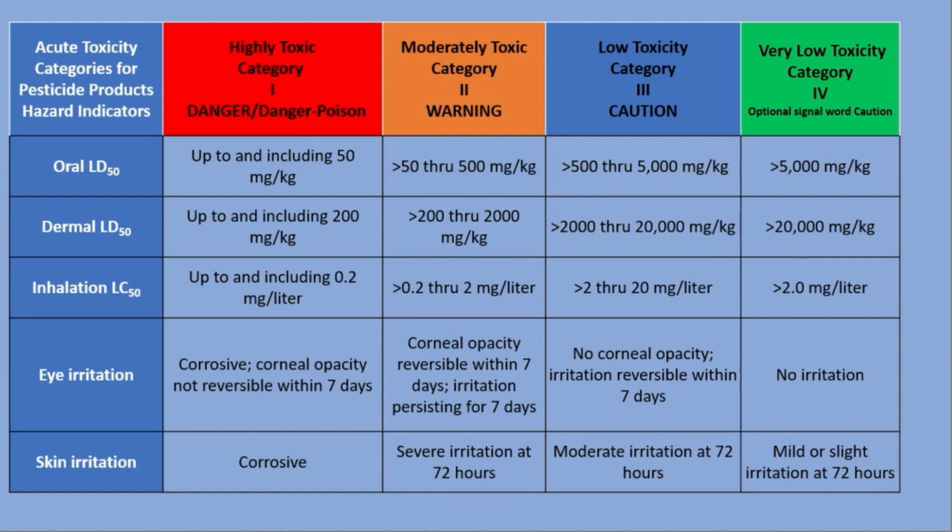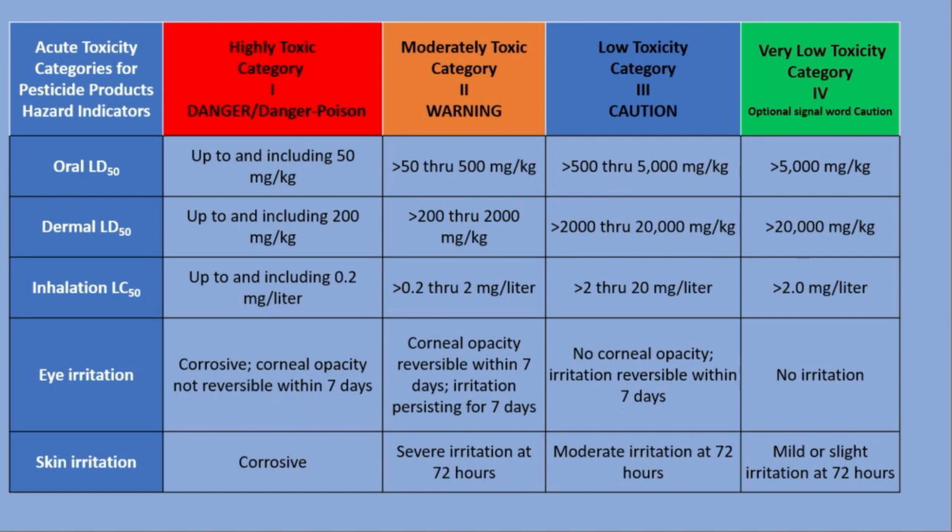If we look under category 2, moderately toxic, category 2 warning, you can see it's greater than 0.2 through 2 milligrams/liters. If we look under category 3, low toxicity, category 3 caution, you can see it's greater than 2 through 20 milligrams/liters. And if we look at our final column, very low toxicity, category 4, optional signal word caution, you can see it's greater than 2.0 milligrams/liters.